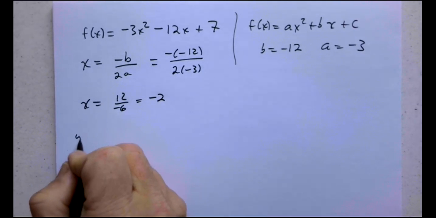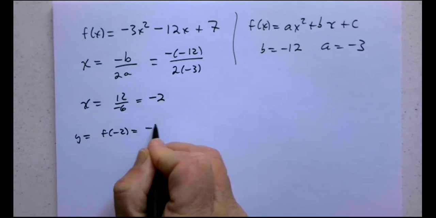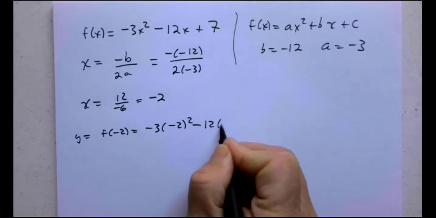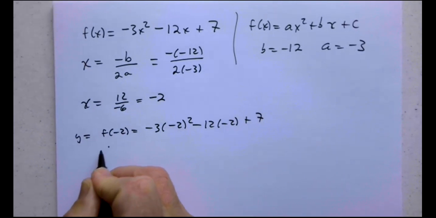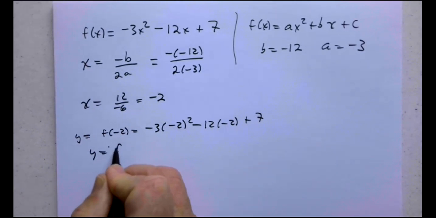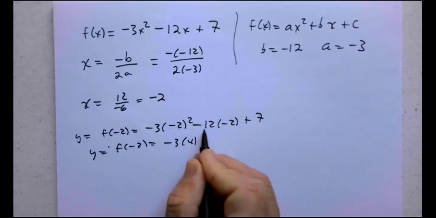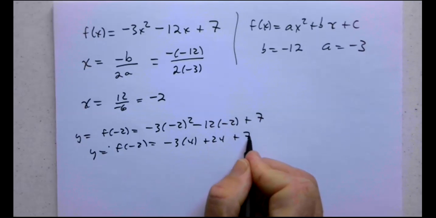So the y value will be f of negative 2, which is negative 3 times negative 2 squared minus 12 times negative 2 plus 7. So the y value, which is f of negative 2, is negative 3 times positive 4, negative 12 times negative 2 plus 24 plus 7.